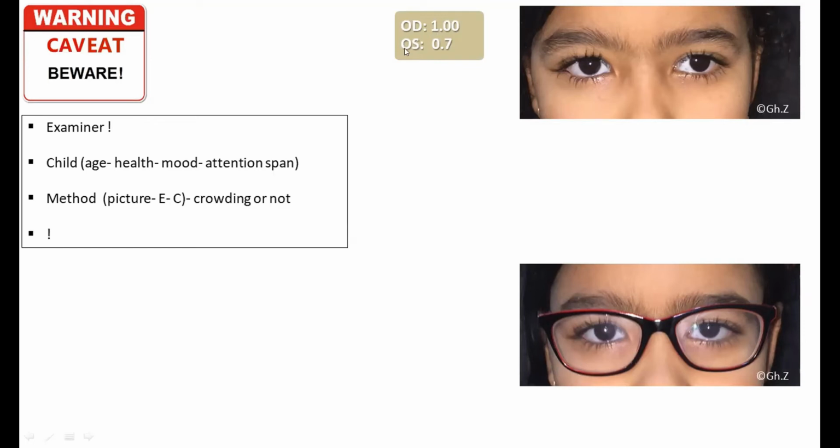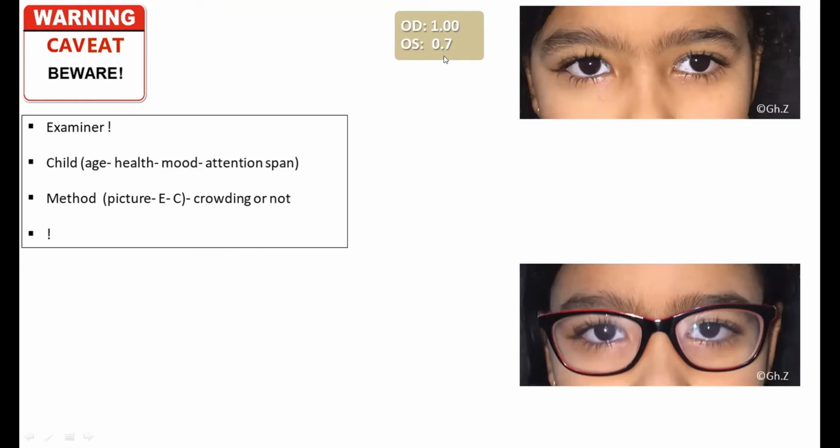So OD is 1 and OS is 0.7. Is it meter, feet, logMAR, decimal? So she has a left amblyopia. If we have 1 logMAR, what does it mean?